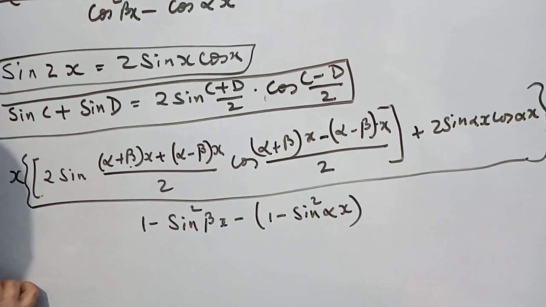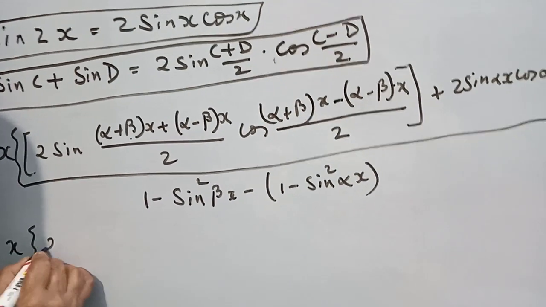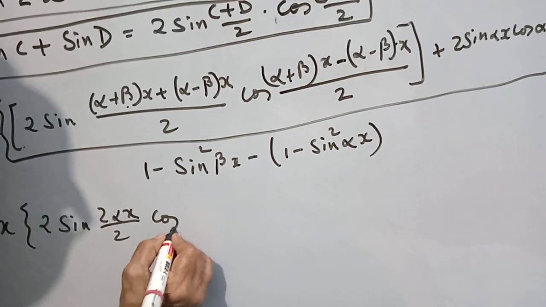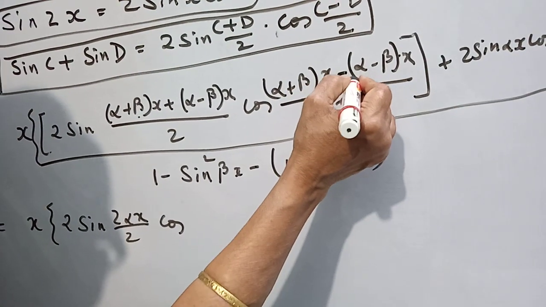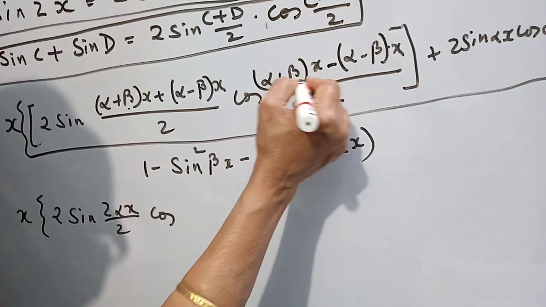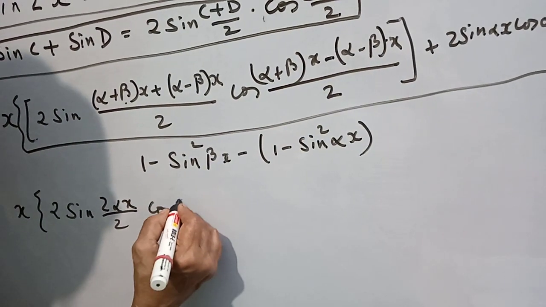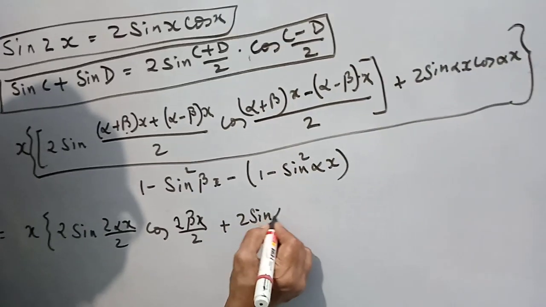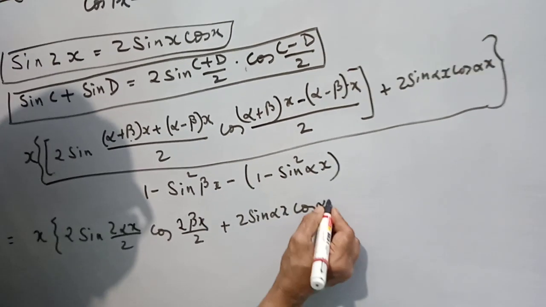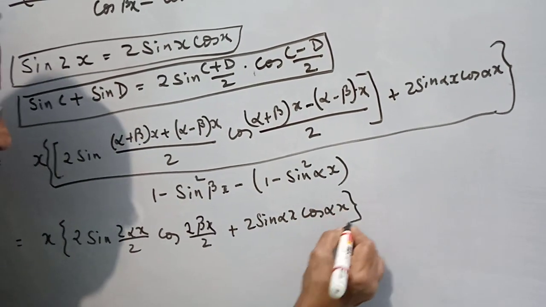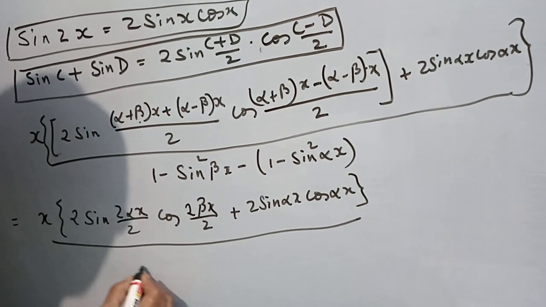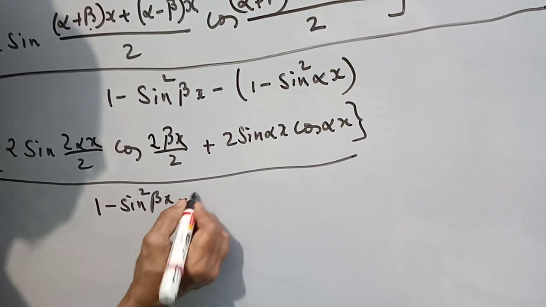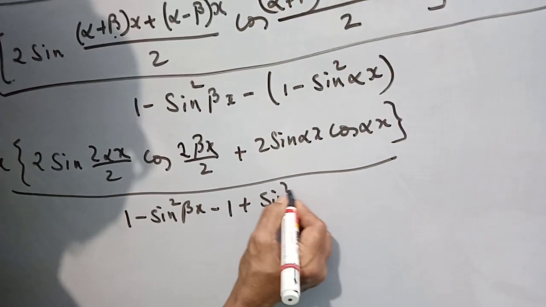This is equal to x into 2 sin alpha x into cos beta x, as alpha and alpha cancel, this is beta x minus minus plus, so 2 beta x by 2, plus 2 sin alpha x into cos alpha x divided by 1 minus sin square beta x minus 1 plus sin square alpha x.